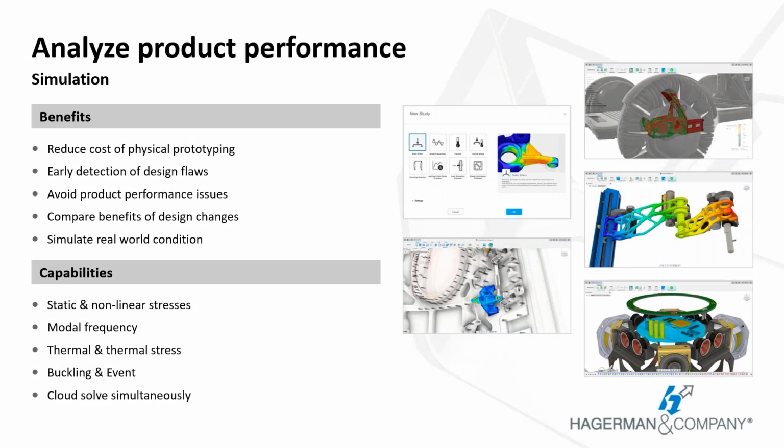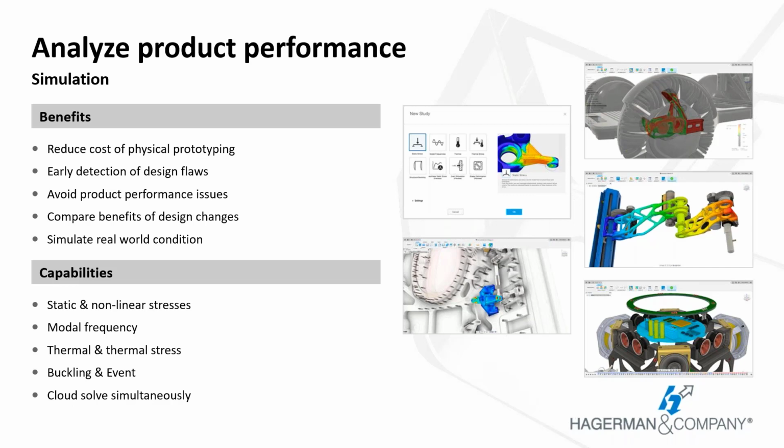With regard to analyzing product performance, working with simulation analysis in Fusion is powerful and very user-friendly. Static studies, of course, are included, but you can also do nonlinear for various material types, as well as improved accuracy in your results.